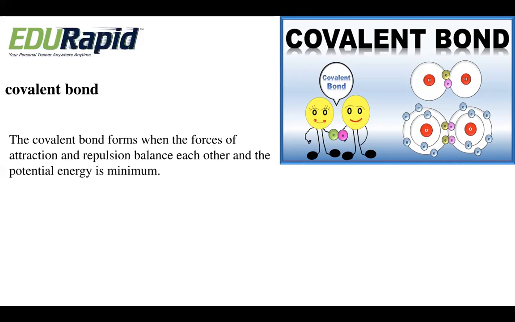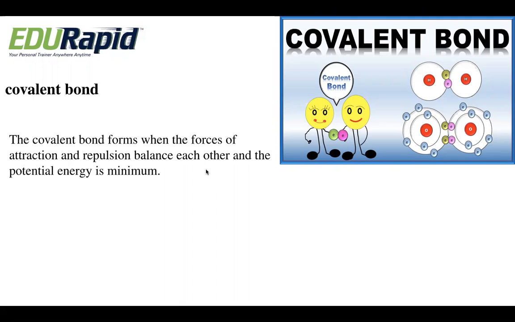Again, here also atoms want to be stable. They undergo bonding, but the way of bonding is different. In an ionic bond, they bond by the complete transfer of electrons, but in a covalent bond, they bind only when the forces of attraction and repulsion balance each other, in other words, when they reach equilibrium.